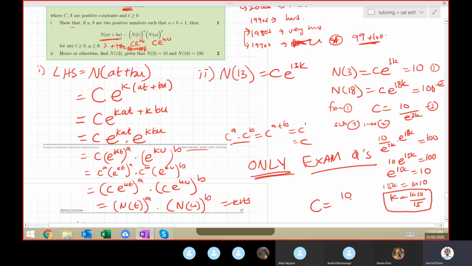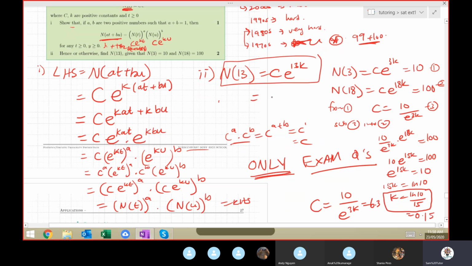So C equals 10 on E to the 3K, where K is that. I'll quickly sub that in. 3 times log 10 on 15, exponential that, and then 10 divided by that answer gives me about 6.3. Where are we? 6.3 for C, and then K is log 10 over 15, 0.15. Sub in C and K into here now.